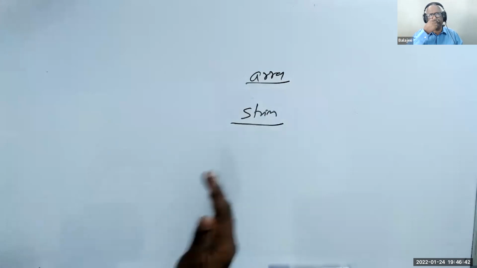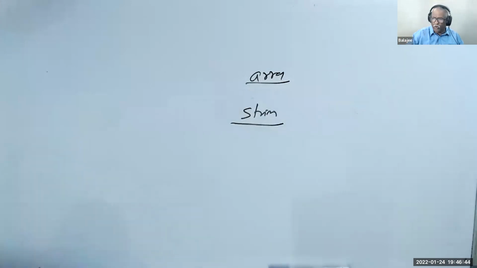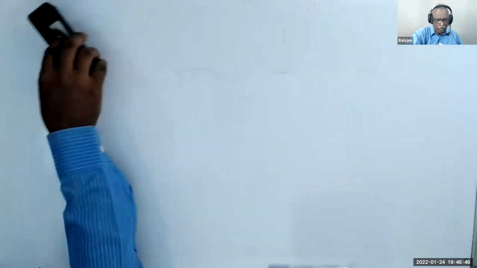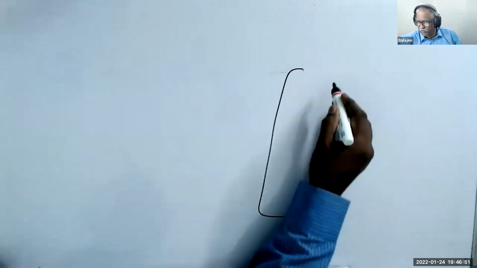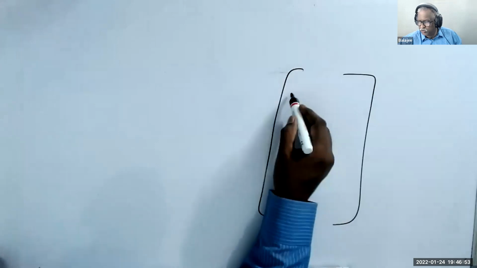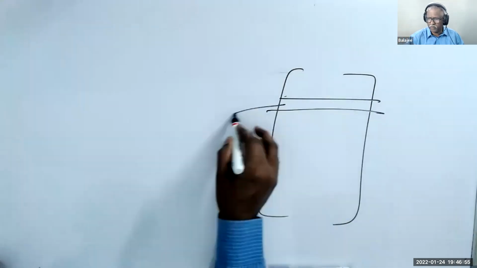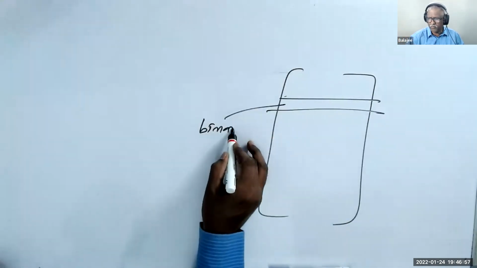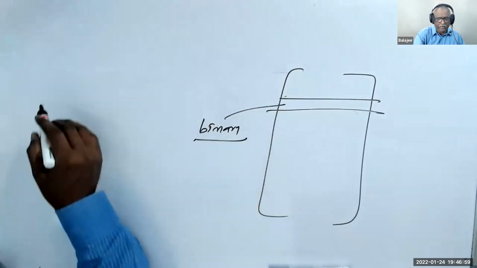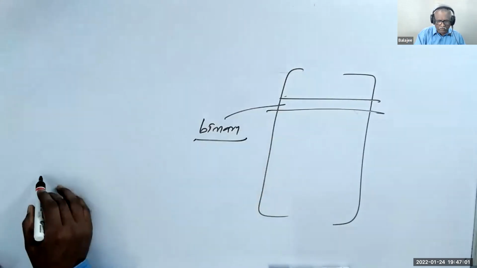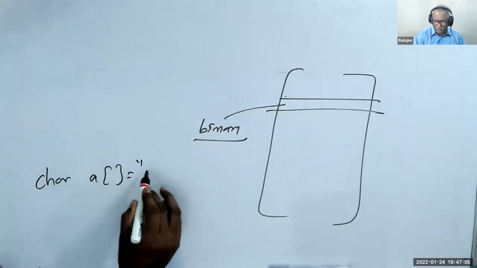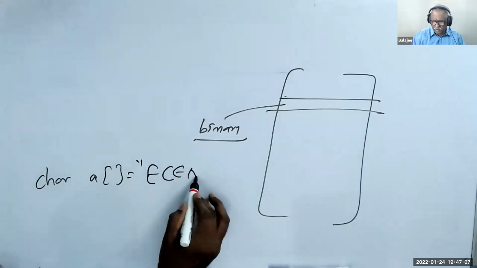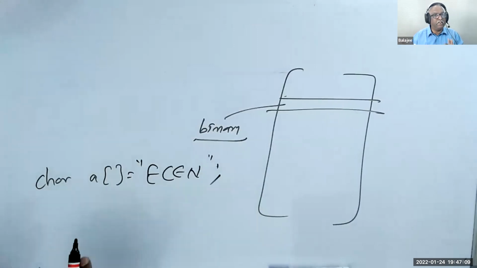Start doing so many sums. And I'm telling you one more important thing. Don't get confused: what is stored in the memory is always binary. If I say char A is equal to "ECEN", that is a compiler job.